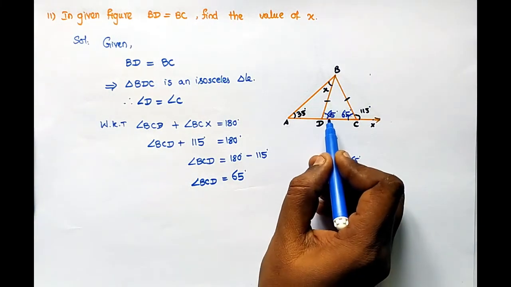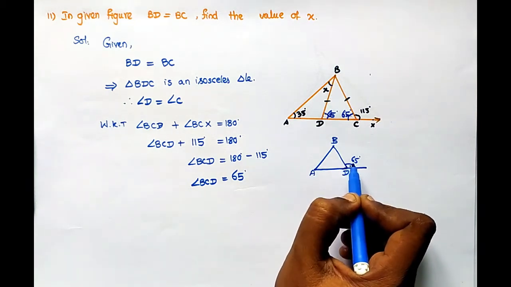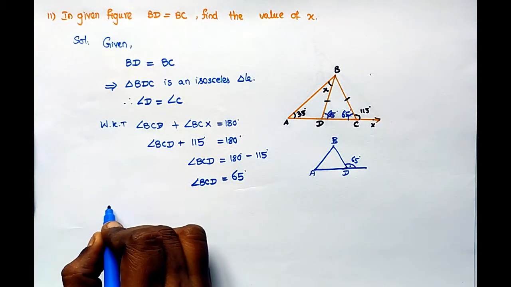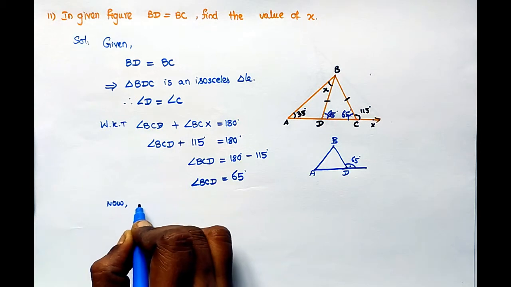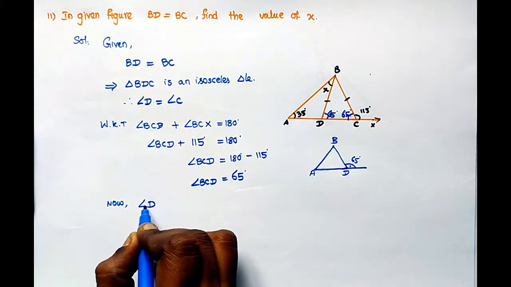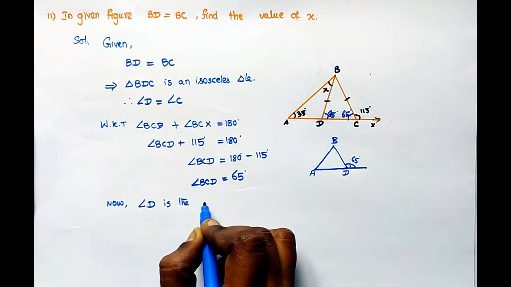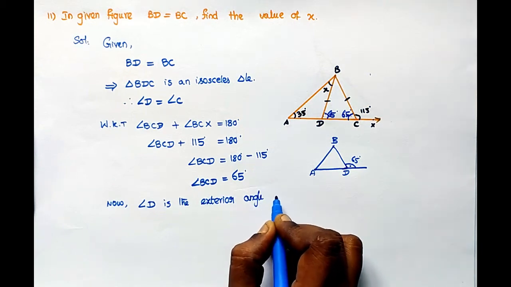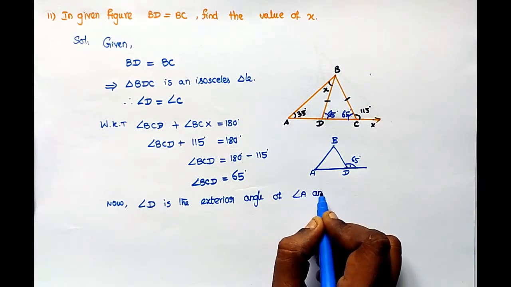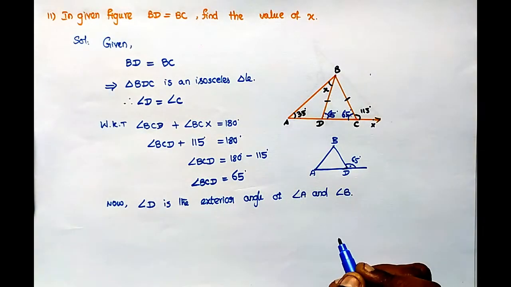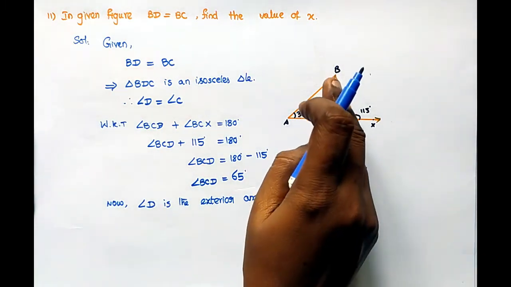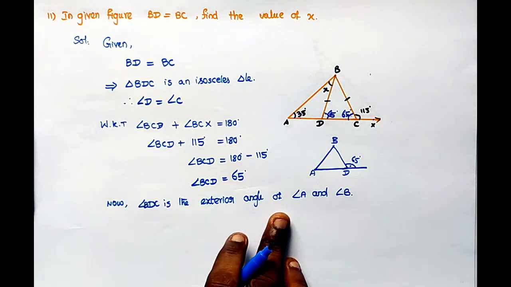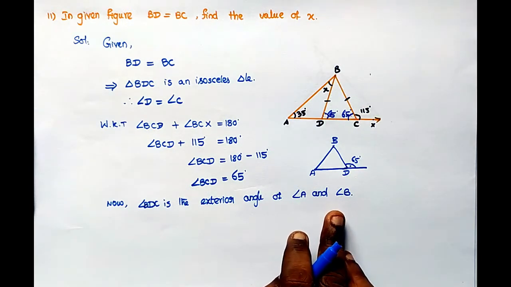We know that this is an exterior angle, for the two angles A and B. Therefore, angle D, that is BDC, is the exterior angle of angle A and angle B.